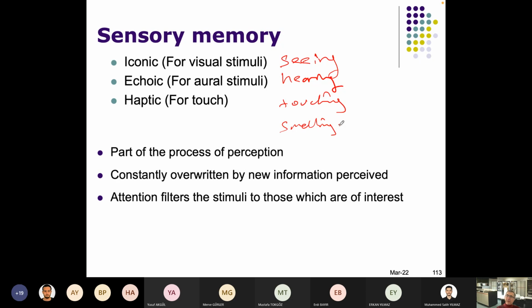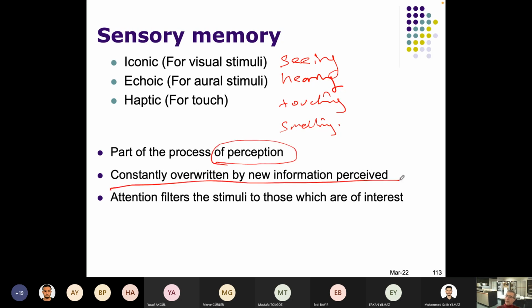So our ears, eyes, skin and associated neural cells have storage capabilities in them, so that for a very short amount of time, it is buffered. It is part of the perception process.